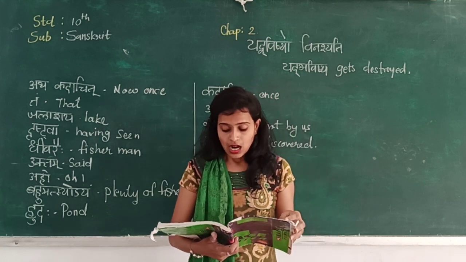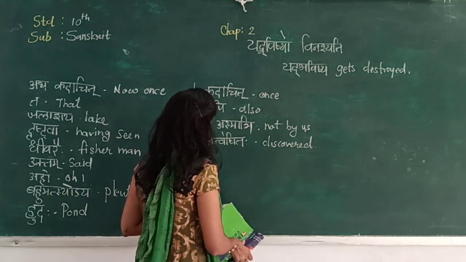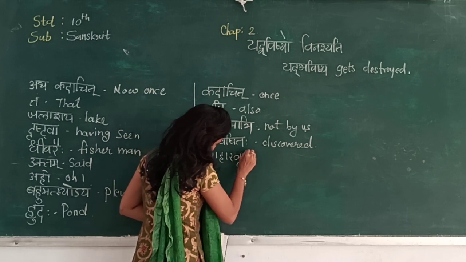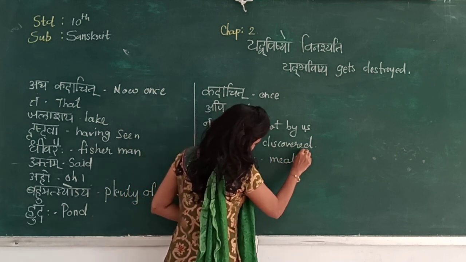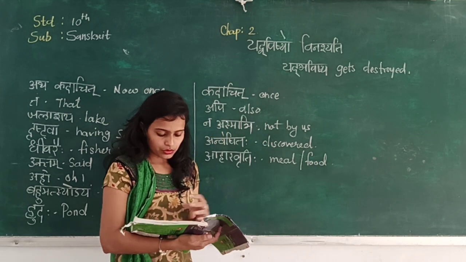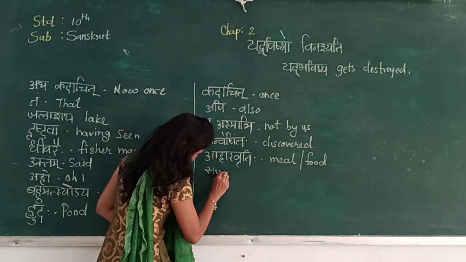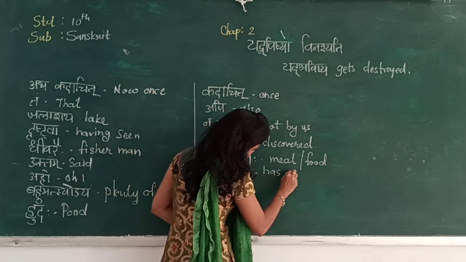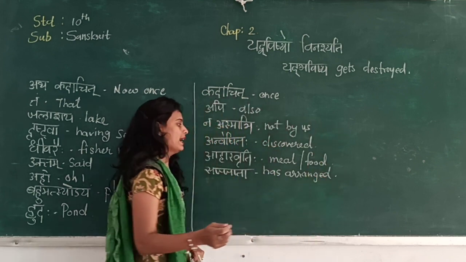So today, aharvritti means meal or food. Sajjata means has arranged.